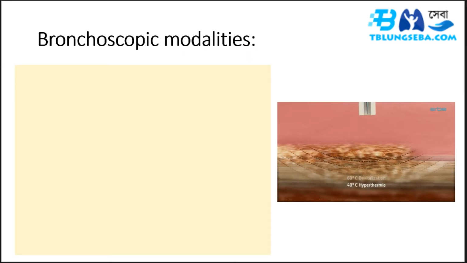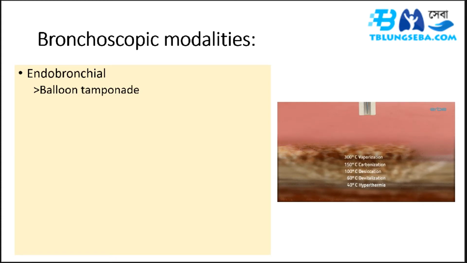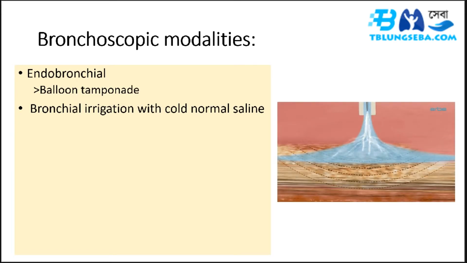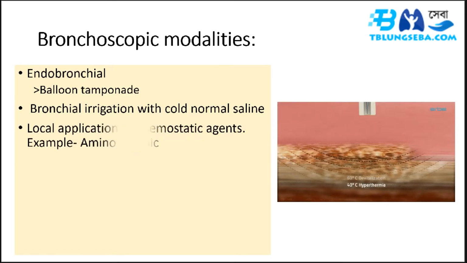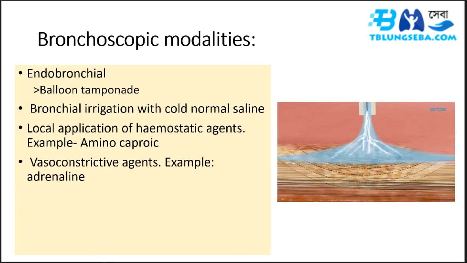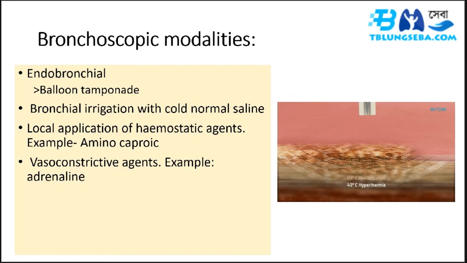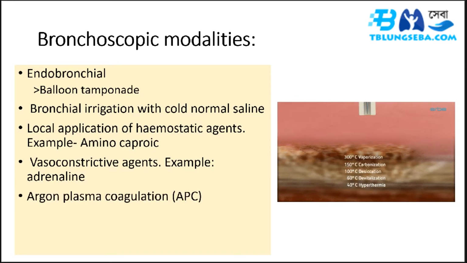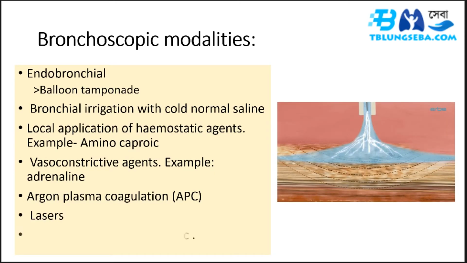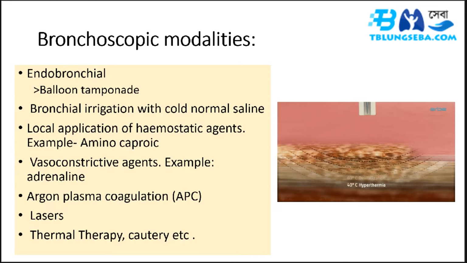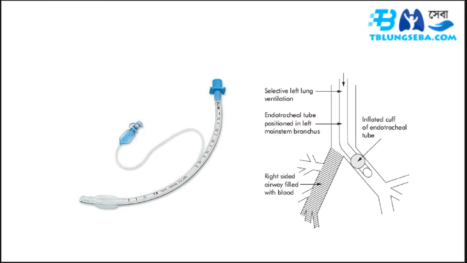Bronchoscopic modalities: endobronchial balloon tamponade, bronchial irrigation with cold normal saline, local application of hemostatic agents, for example aminocaproic acid, vasoconstrictive agents, for example adrenaline, argon plasma coagulation, APC, lasers, thermal therapy, cautery, etc.